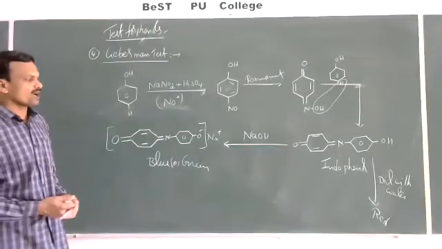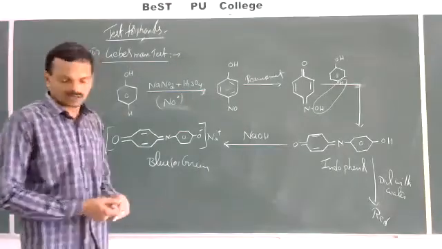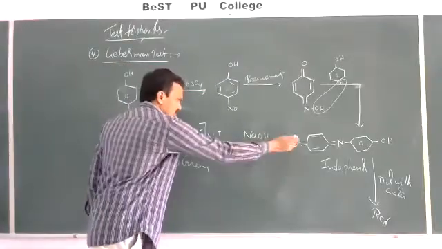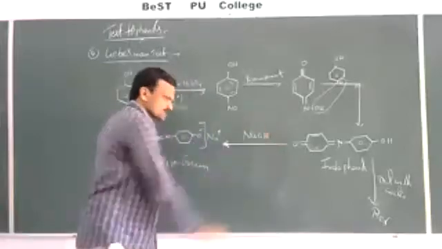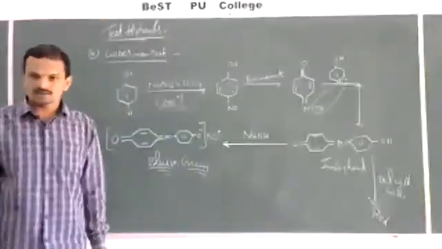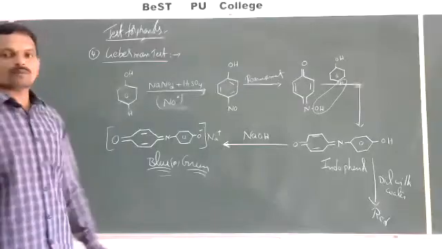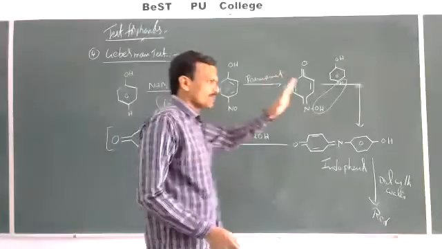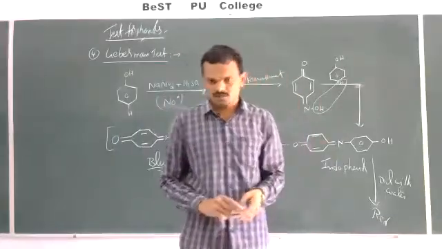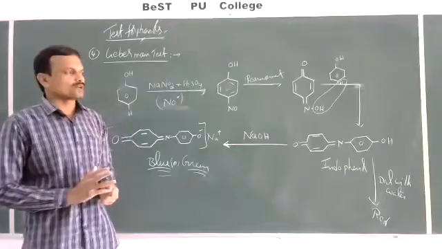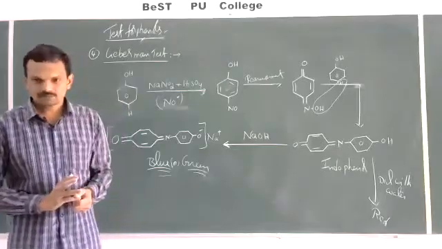That indophenol on dilution with water gives red color, and when added to a strong base like NaOH, it gives either a blue color or a green color. So this is known as Liebermann's test. This test is not in the syllabus. This is additional information, just useful for objective examination only. So these are the 4 tests which are used for testing phenols.